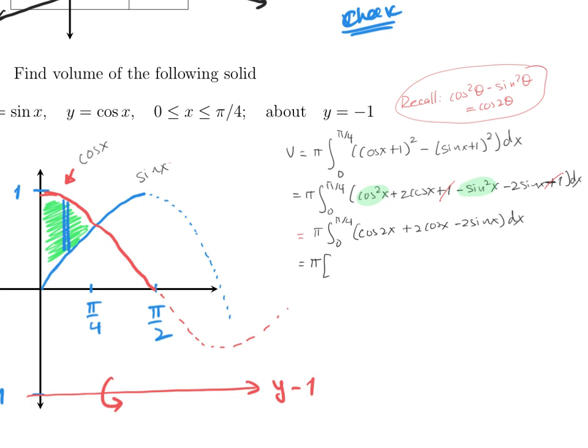The integral of cosine 2x is 1 over 2 sine of 2x by using the substitution, and then this is minus 2 cosine x, and then plus 2 sine x using the antiderivatives, and this goes from 0 to pi over 4. So whatever this is, you should just check that. And that's it.